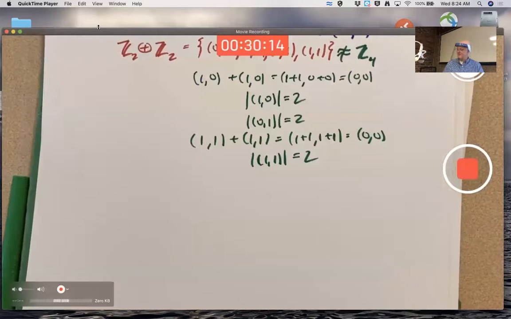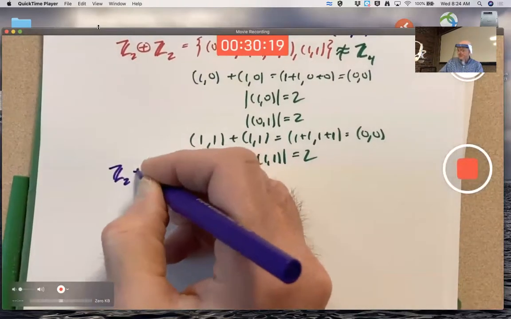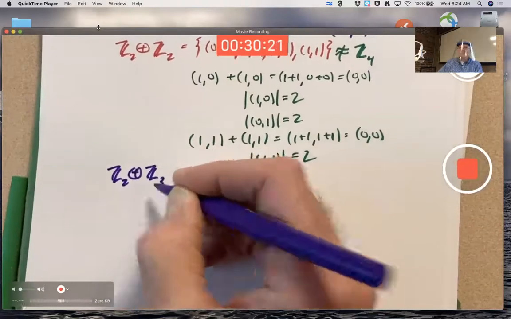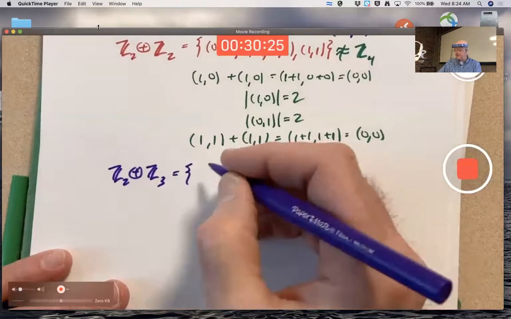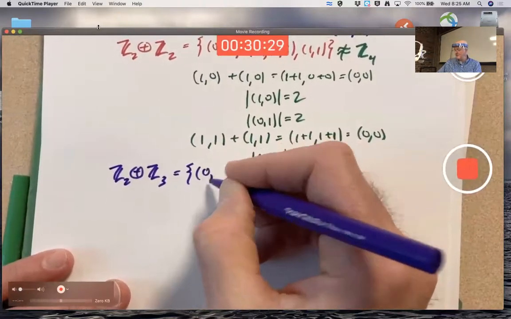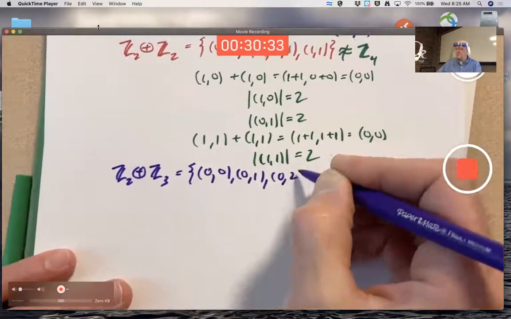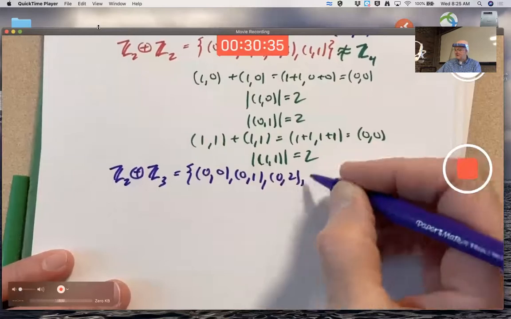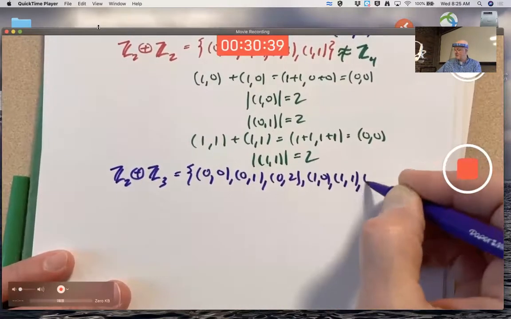Okay, let's up the level of complication yet one more time. And consider the external direct product of Z2 with Z3. Zero, 0, 0, 1, 0, 2, and then 1, 0, 1, 1, and 1, 2.